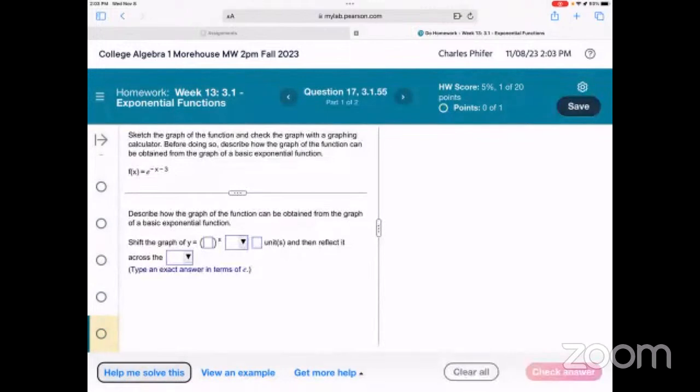Sketch the graph of this. All right, so we have two manipulations at play here. We have an exponential function where we multiply the inside by a negative and we subtracted 3. So shift the graph of e to the x.